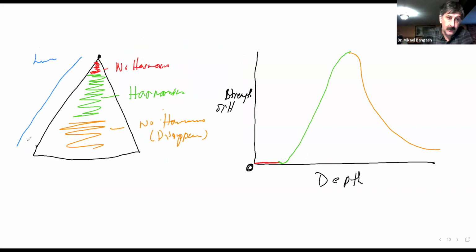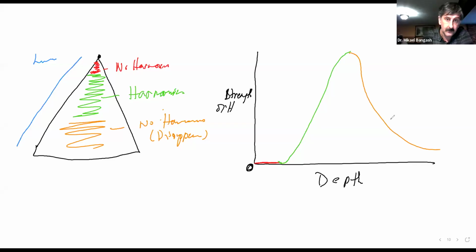So just as we said, the harmonic frequency develops as we go deeper and deeper. Where were we? And we can make this too high of a frequency, which leads to more attenuation.